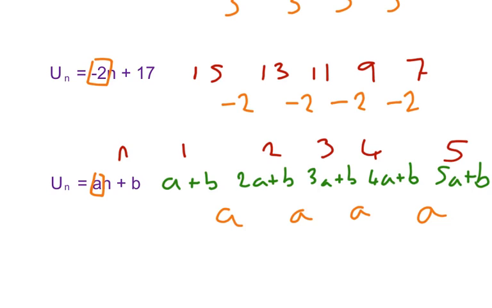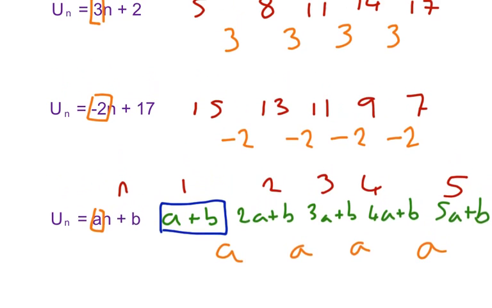So if you take the difference between the terms of the sequence, we find the number that multiplies the n in the general term. Then we can use the first term once we know a, and if we know the first term, we can use a plus b to find that bit.